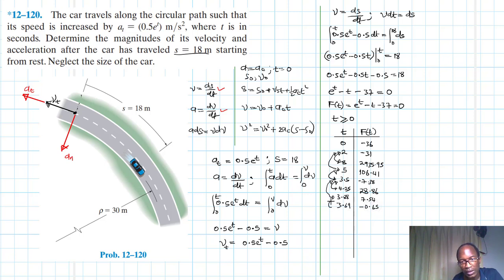This is okay, the error is becoming smaller. 3.88 plus 3.69 divided by 2 is 3.79. Let's see what we have.